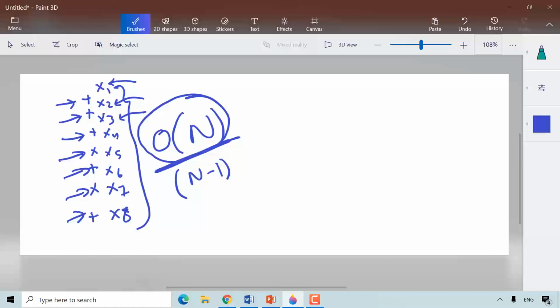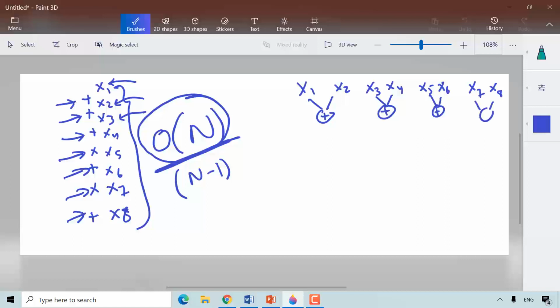How? Well, I can do this in a binary tree fashion. I can add x1 and x2 together, and x3 and x4 together in parallel, and x5 and x6 together in parallel, and x7 and x8 together in parallel.